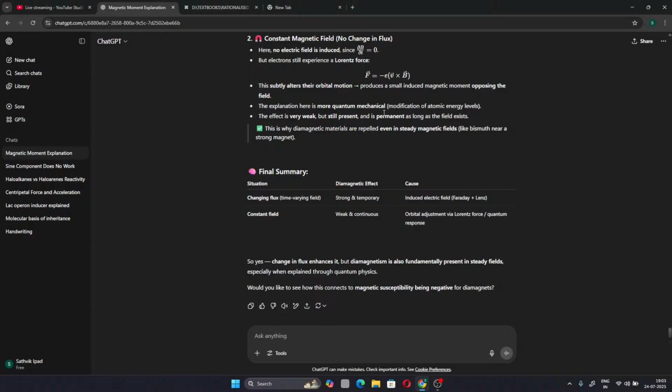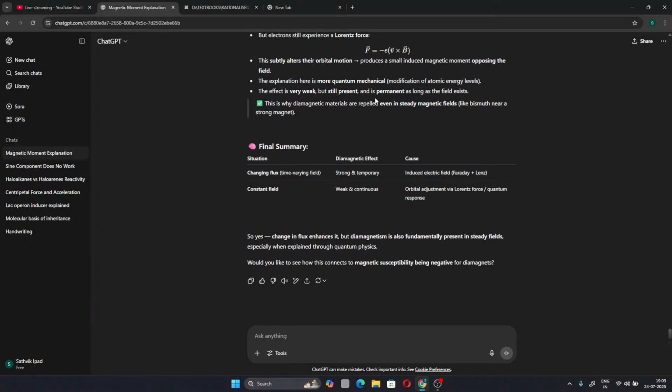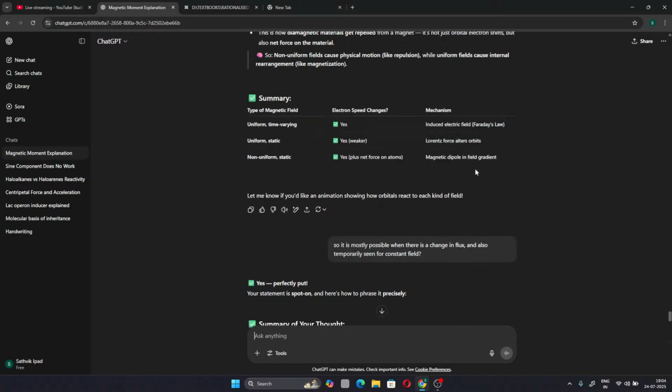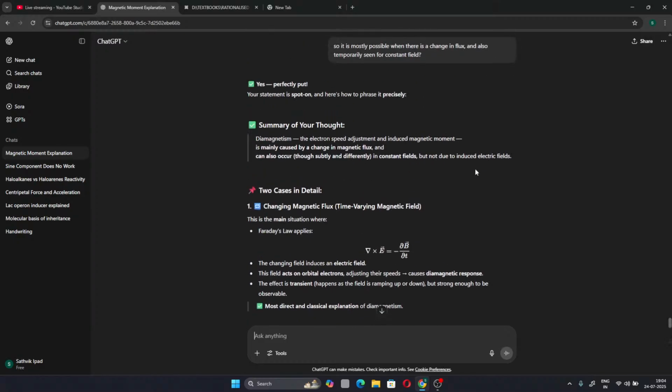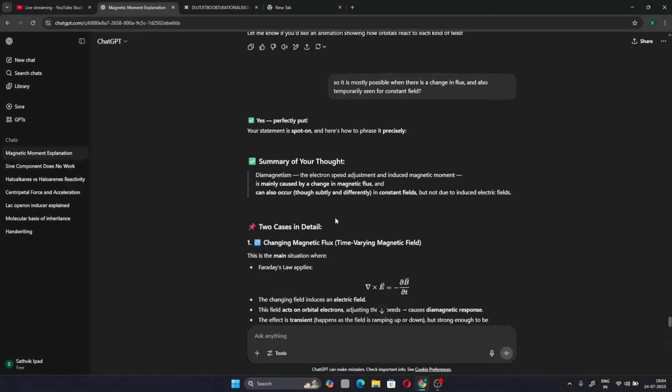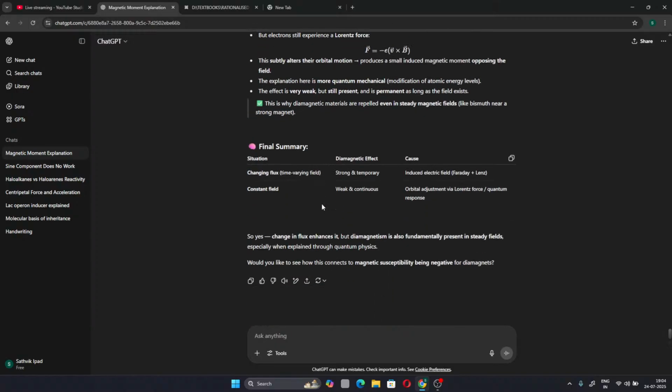The explanation here is more quantum mechanical, a modification of atomic energy levels. Great. Changing flux is strong and temporary. Why?